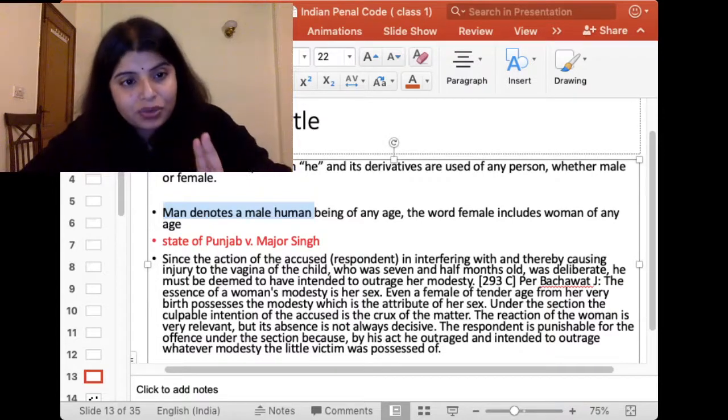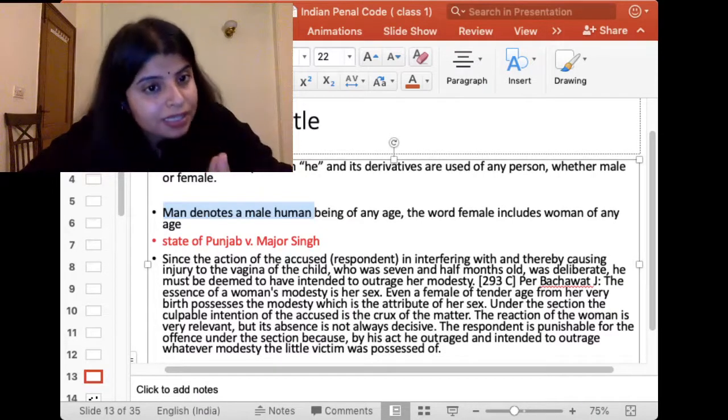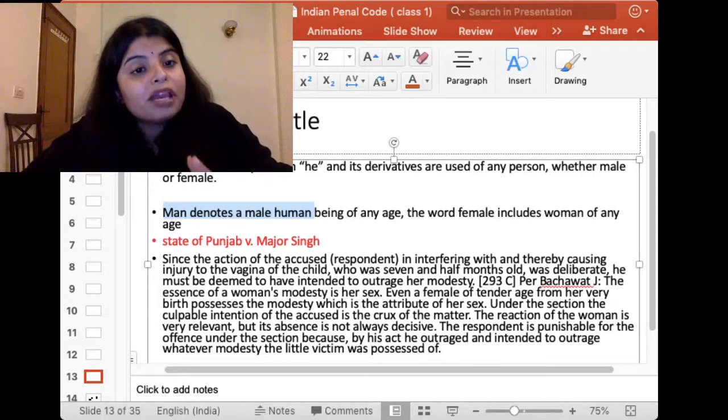The second reason they gave was Section 10 of the IPC, which states that a woman is a female of any age.